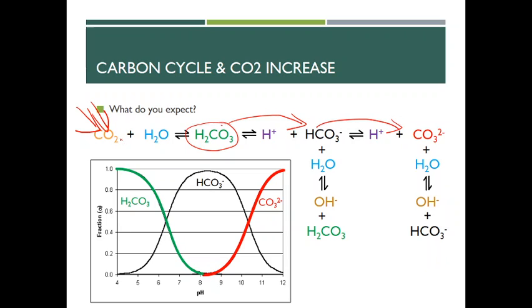So as you add CO2, you're making the equation continually go to the right. And what happens then to the pH is that you're adding hydrogen ions and the pH goes down.